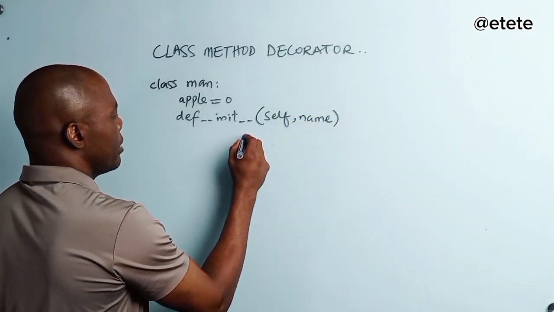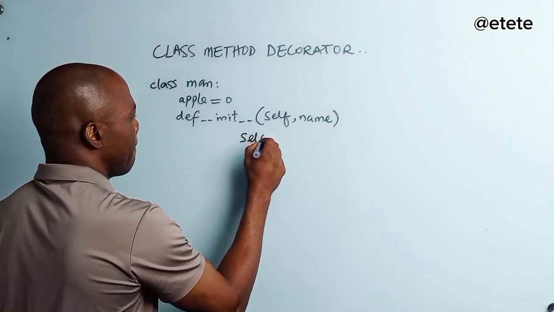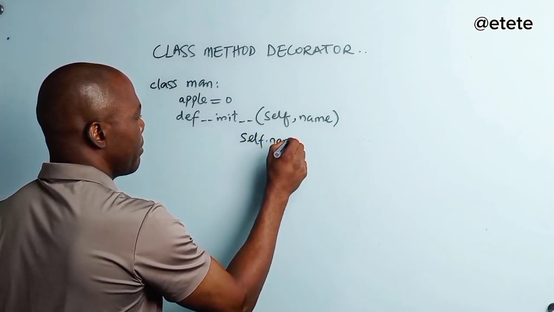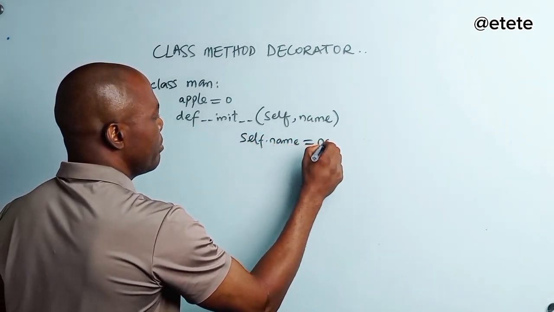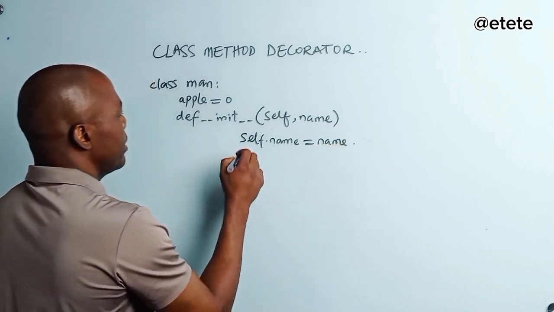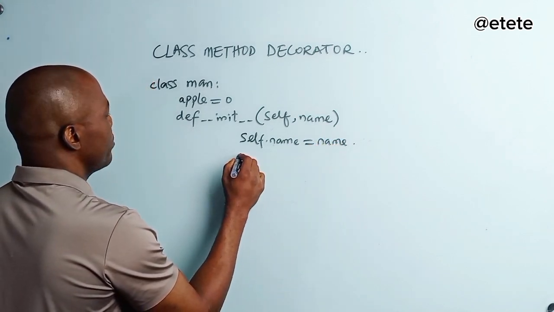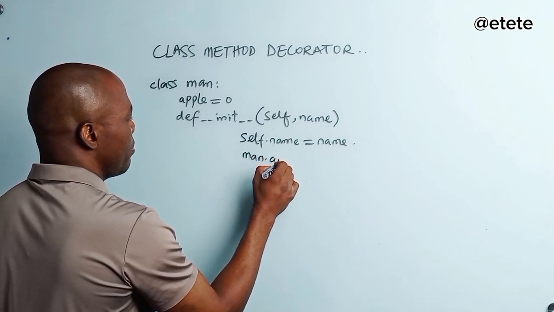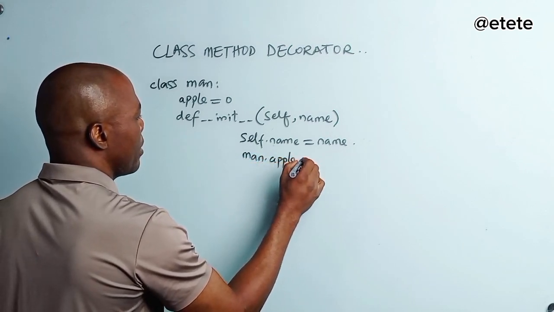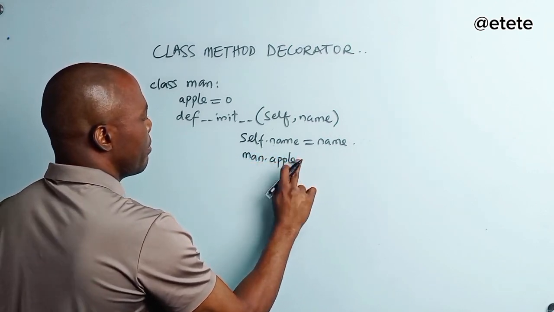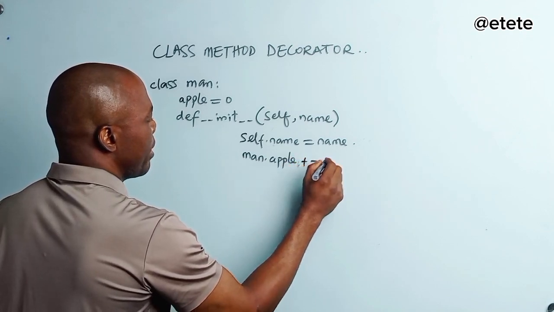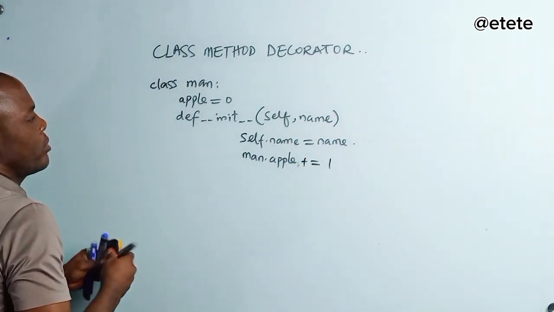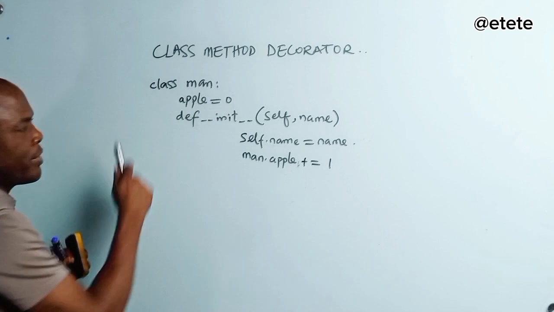Then we'll say self.name, we assign name to it. Then inside it we'll say man.apple, we increment it by 1. Okay, all right, so this is our class that we have created.